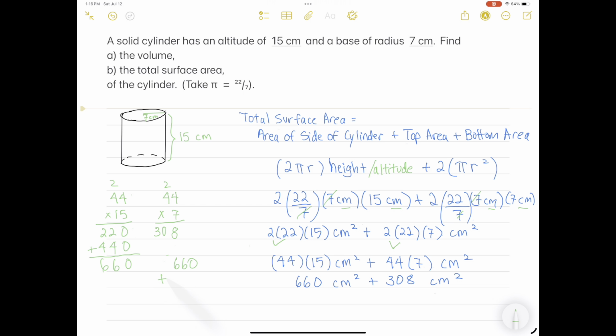Since those both have the same units, centimeters square, I can just add them together. 660 plus 308 equals 968 centimeters square. So the total surface area of the cylinder is 968 centimeters square, and I box my answer.